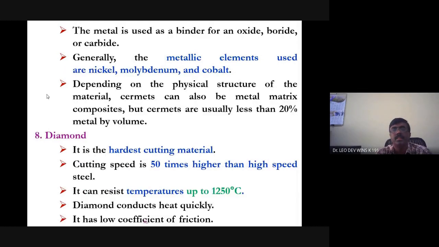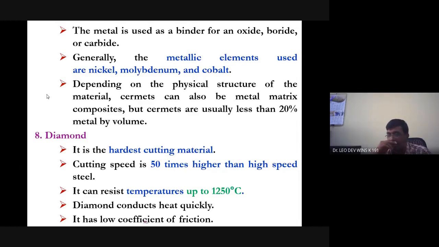The metallic elements used are nickel, molybdenum, and cobalt. These three materials are commonly used, but the ceramic material may be aluminum oxide or even boride. Depending on the physical structure, the material can be used as metal matrix composites. Cermet is an example of metal matrix composites.